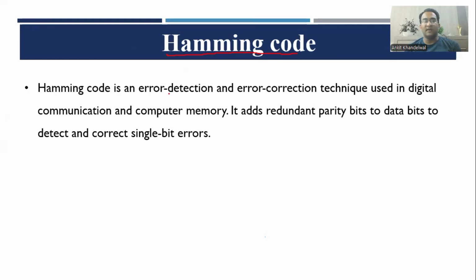Hamming code is an error detection and error correction technique used in digital communication and computer memory. It adds redundant parity bits to data bits to detect and correct single bit errors.